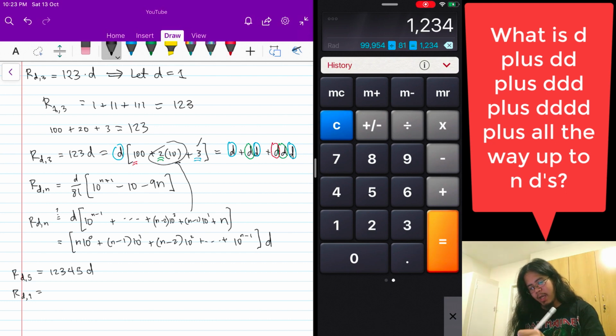When n is equal to 9, it is 1, 2, 3, 4, 5, 6, 7, 8, 9, D.